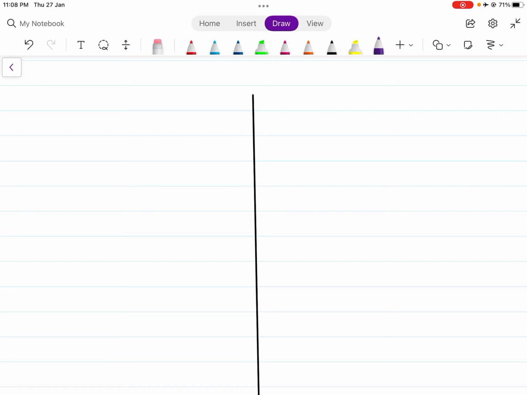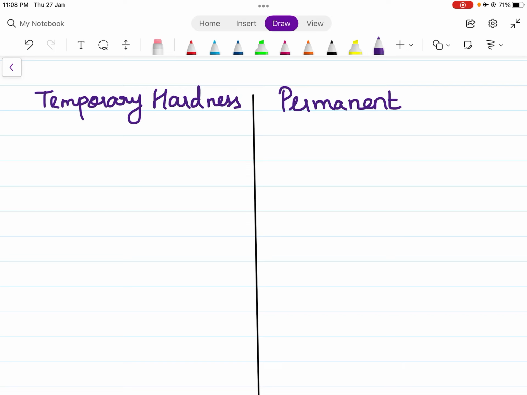Now we are going to see the difference between temporary hardness and permanent hardness. So what is the difference? Let's quickly check.